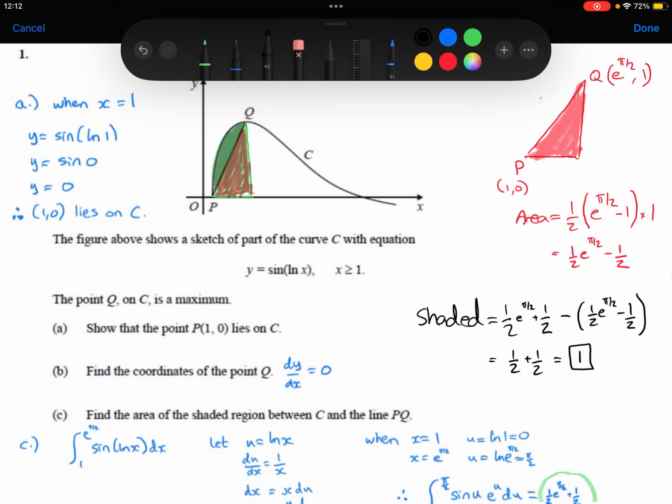So the area of that right angle triangle there, half base times height. The base of that triangle, considering that I know that the x coordinate here is 1 and the x coordinate here was e to the pi over 2, the base of the triangle there is e to the pi over 2 minus 1.